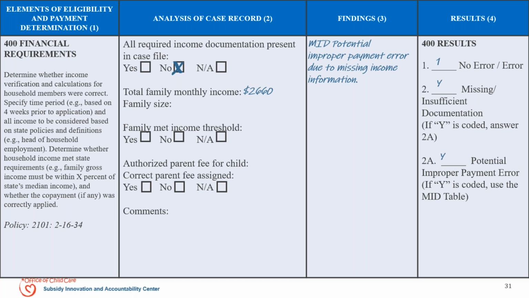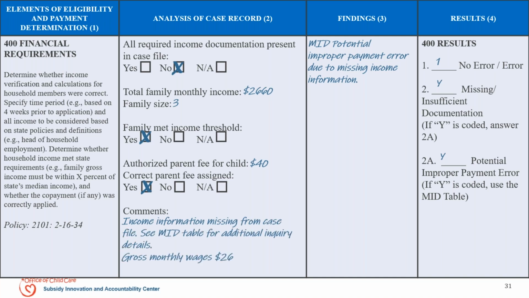We were able to determine, based on those pay stubs that we received from SNAP, that the total family monthly income was $2,660. Family size was 3. Yes, the family met the income threshold. And the correct parent fee was assigned based on that income. So in the comment section, I've detailed that the income information was missing from the case file.